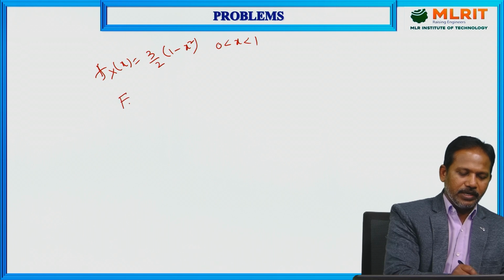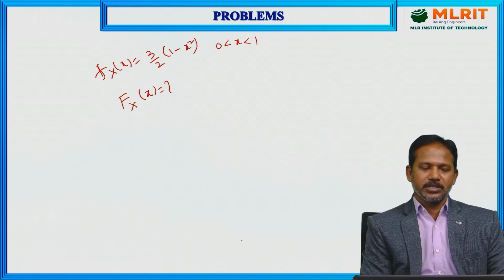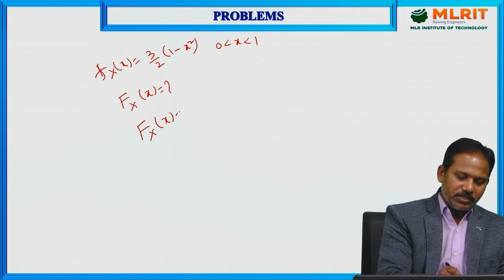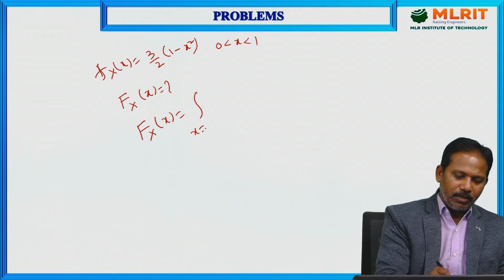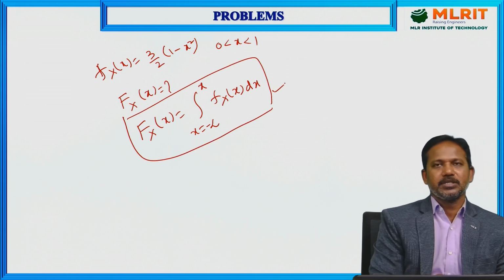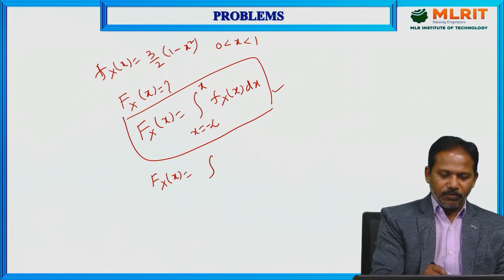How to find the distribution function? We already know the third property of the probability density function, that is, the distribution function is equal to the integral from x equal to minus infinity to x of small fx of x dx. This is the third property of the probability density function. So now I need to find fx of x is equal to integral of, what is the lower limit for this?